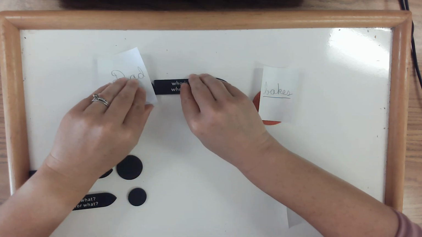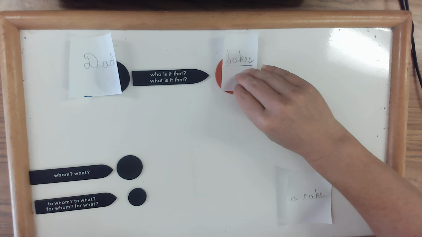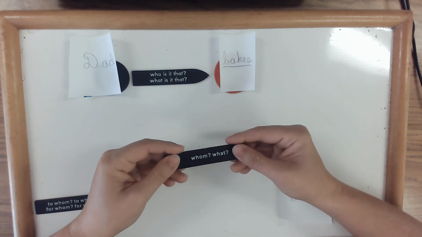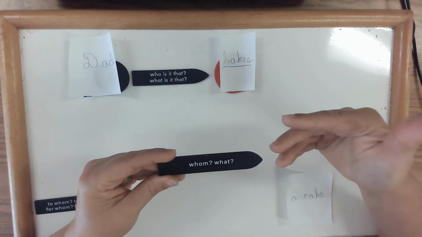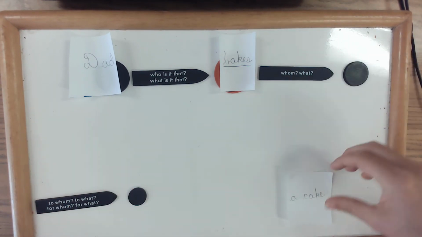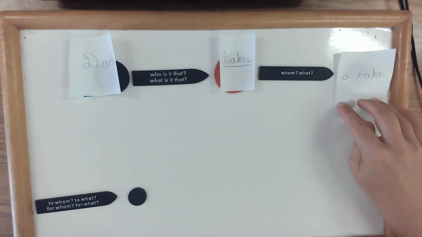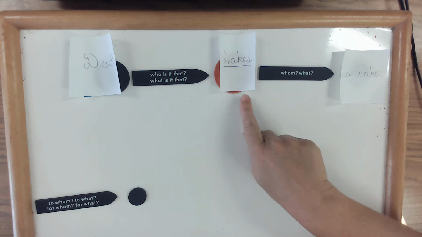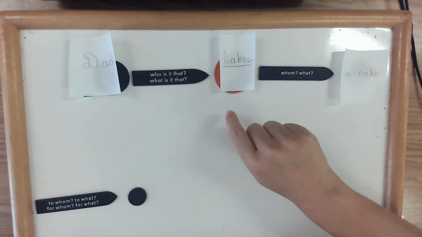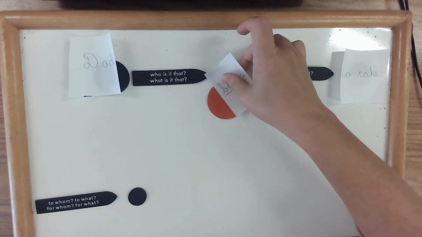Now, we have Dad bakes a cake. Dad bakes what? What is the thing that Dad is baking? Well, it's a cake. This is the noun that is receiving the action. It's being baked. So, we know that bakes is the predicate.